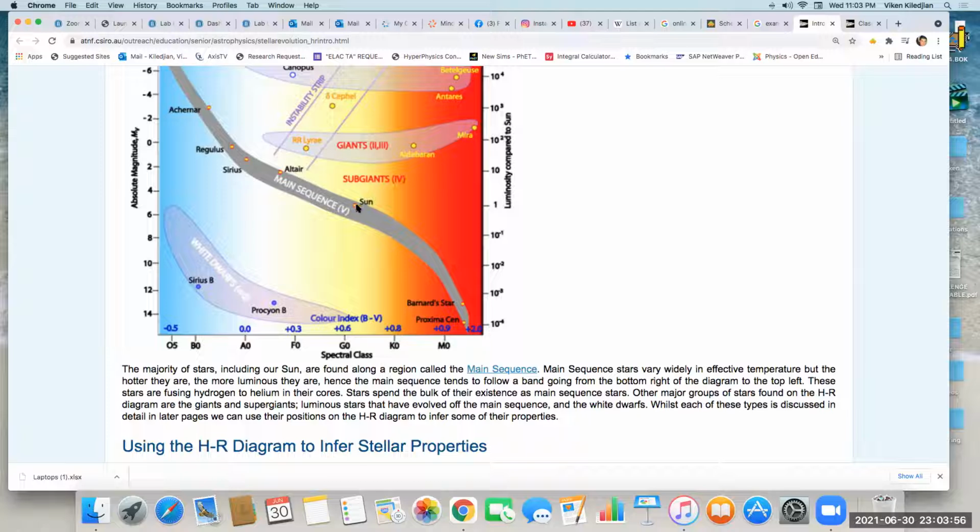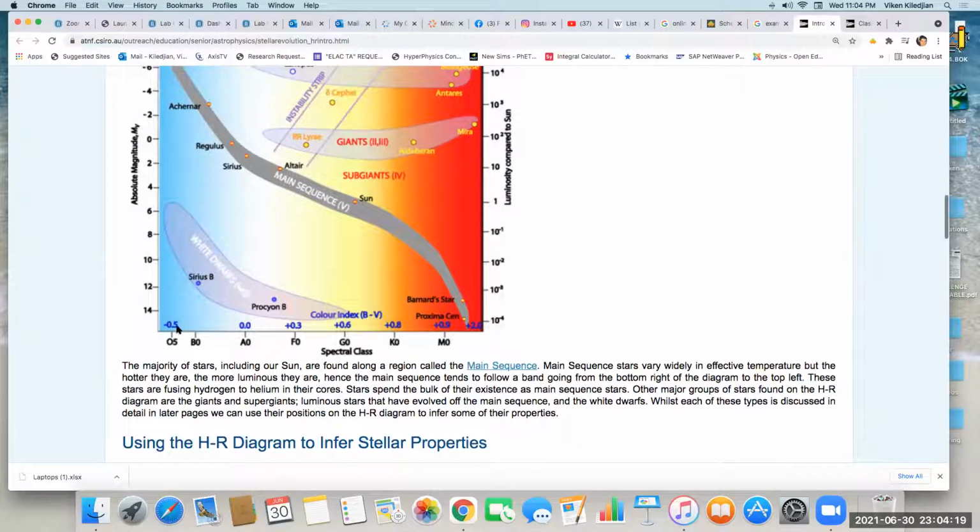Notice our sun is in the yellow, yellow-orange range. 0.6 is about yellow-orange, and then a 0.3 is a white-bluish-looking star. A 0.0 is starting to transition to white and blue, and then negative 0.5 on the most left side is the bluish color star. So those are the color index values that are showing.